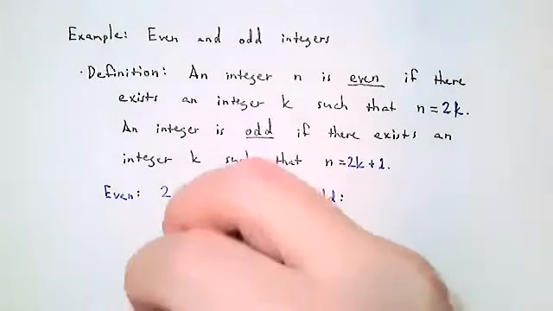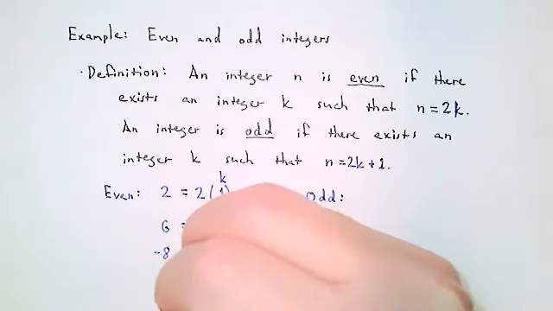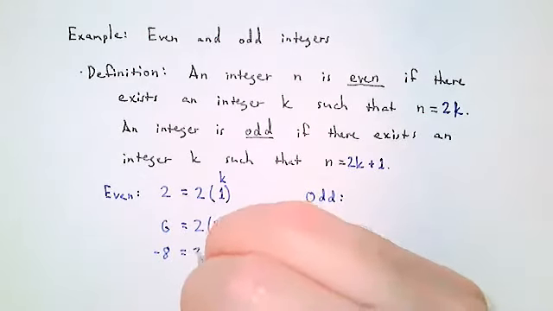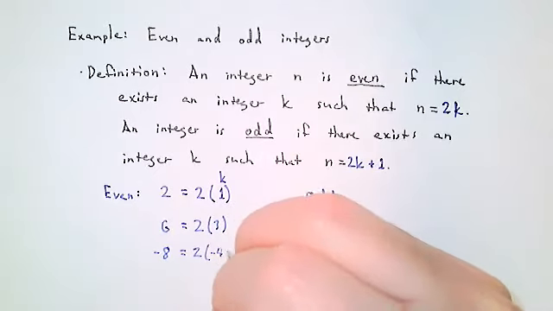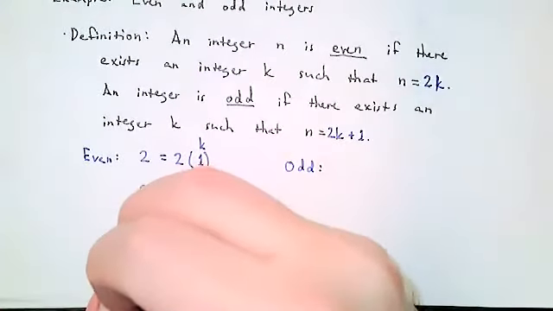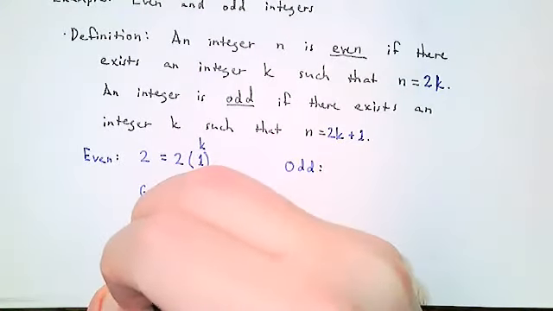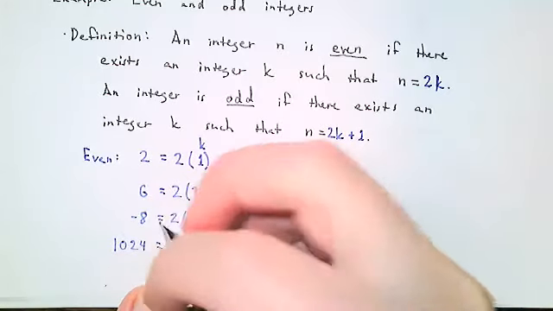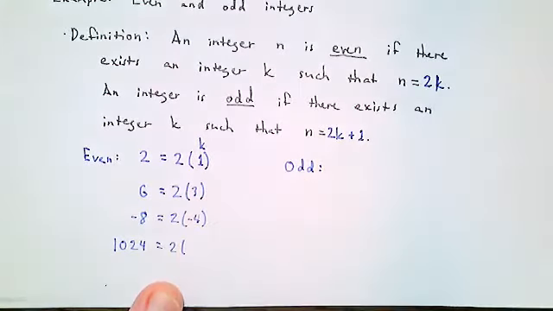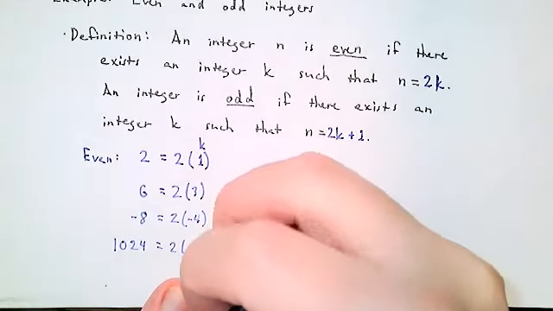Right, and this also works for negative integers, like -8. This one is 2 times -4. And it works for even large integers, like 1024 is equal to 2 times 512.